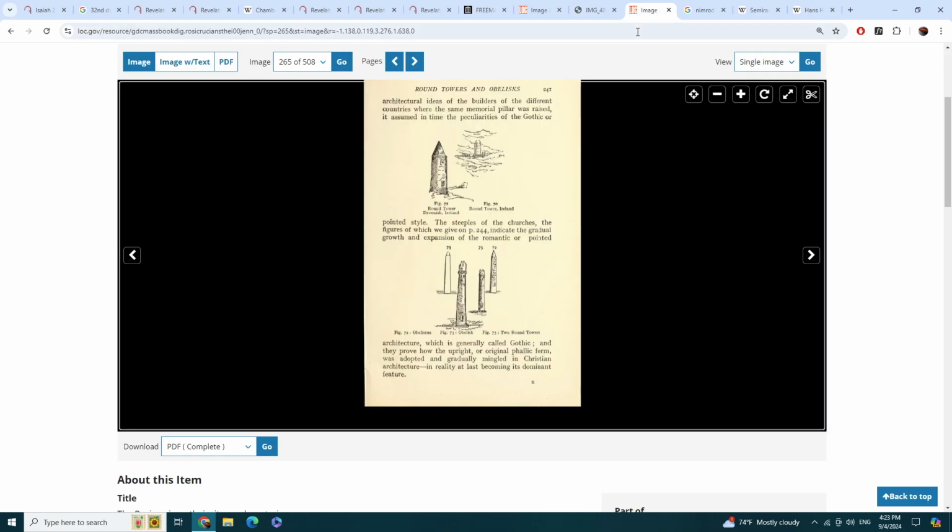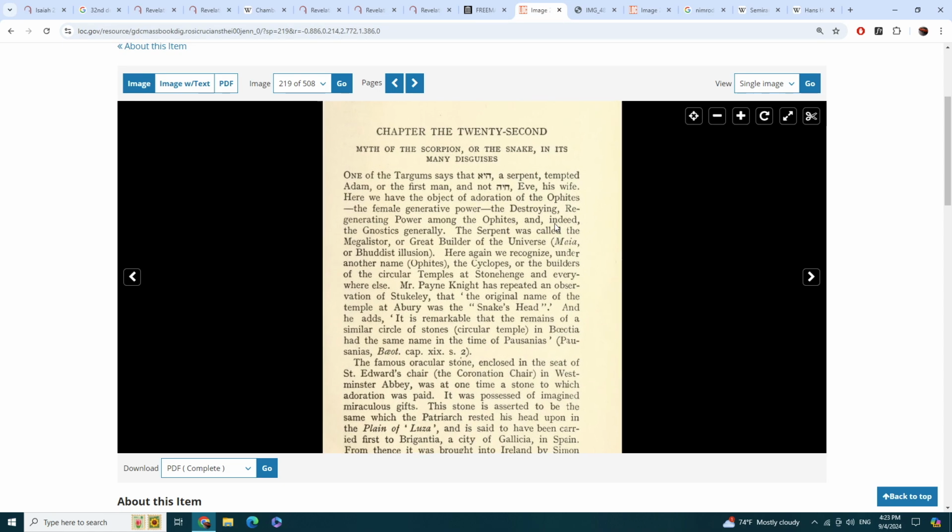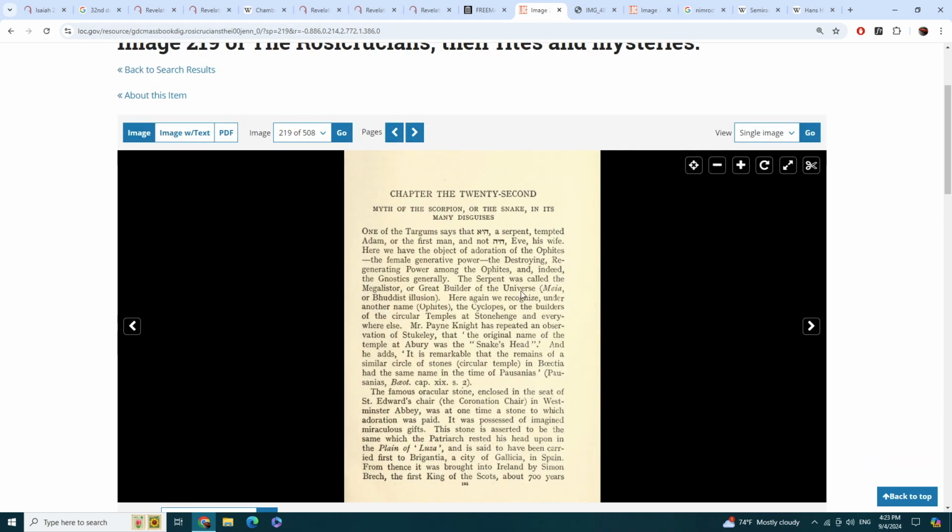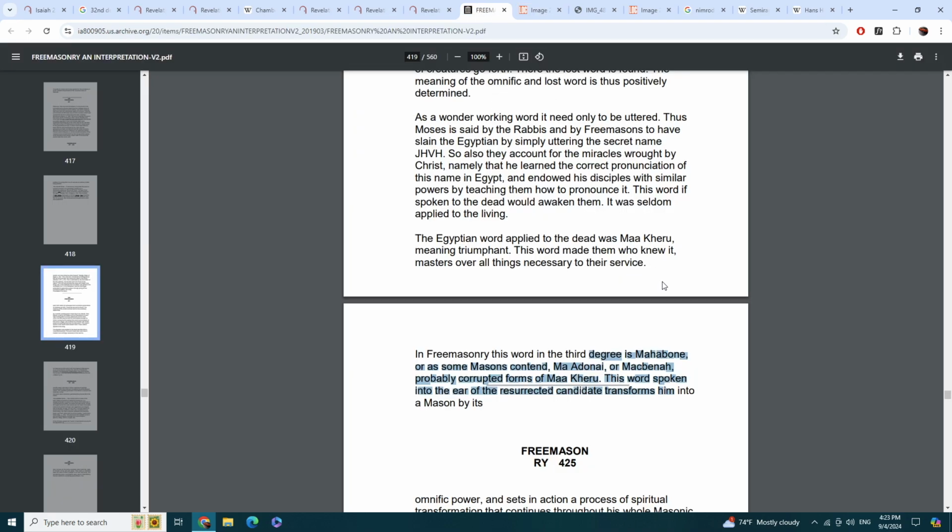So now we have the great builder, Maja-Bone, which has a kind of Buddhist root there, the Cyclopes, okay? Makes sense, right? The builders at Stonehenge. These were the great builders. That's the lost word. Now, this also could be Tubal-Cain, bone.